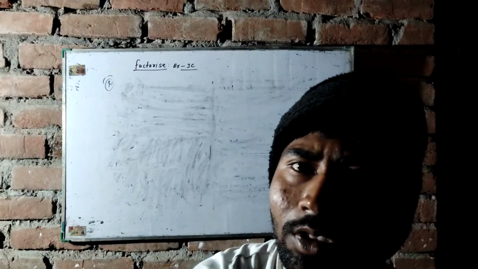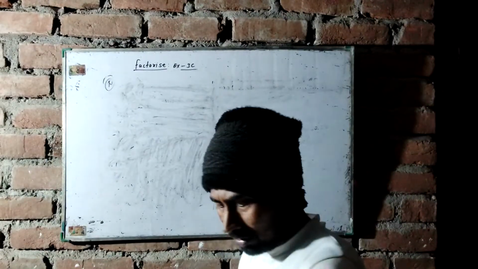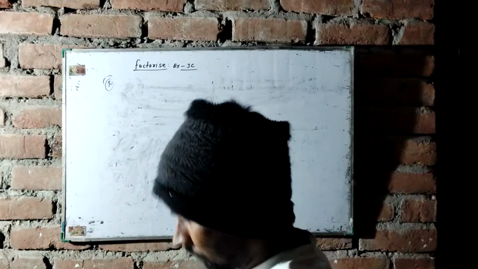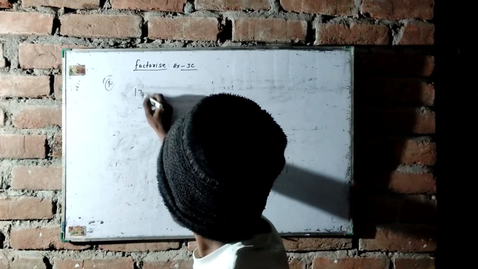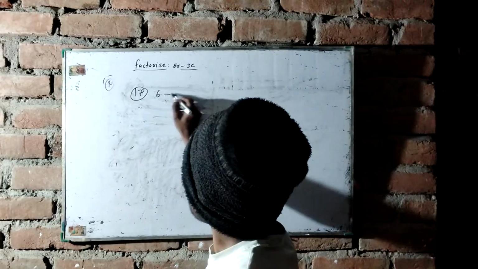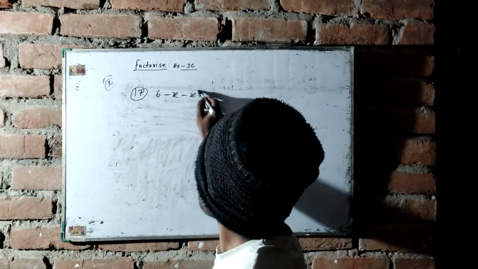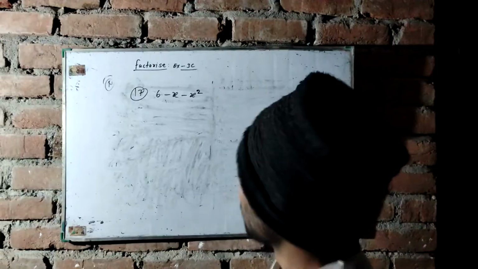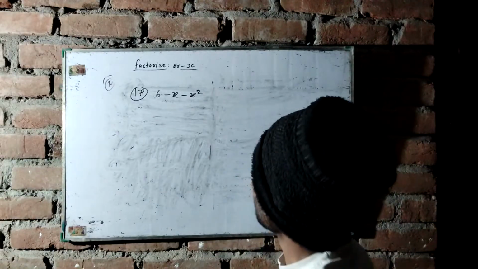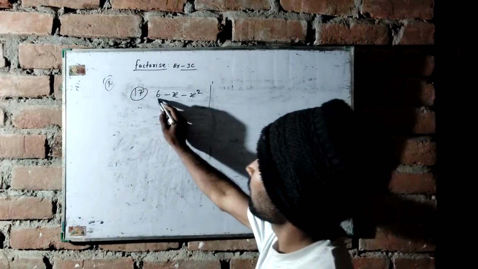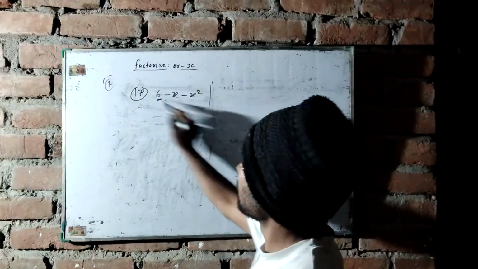Now have a look. Question number 17: six minus x squared. First of all, we have to find all factors of this constant number 6.